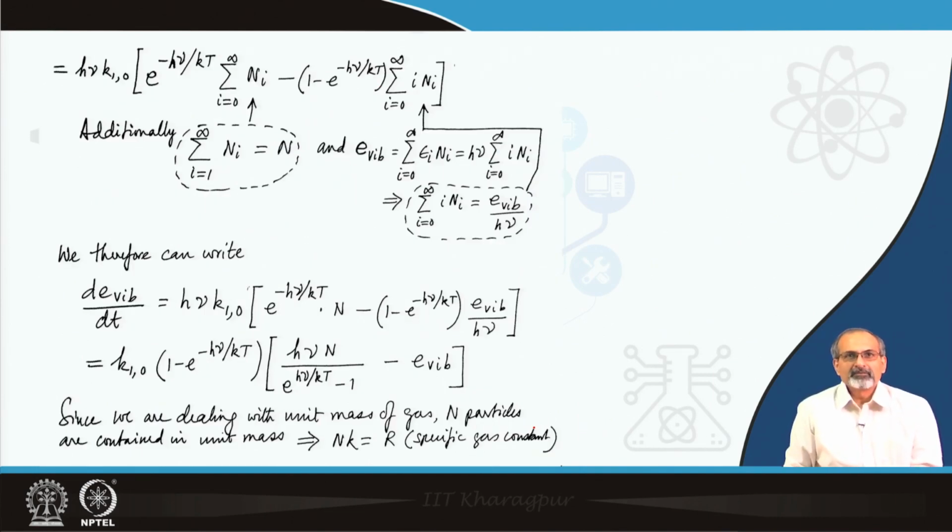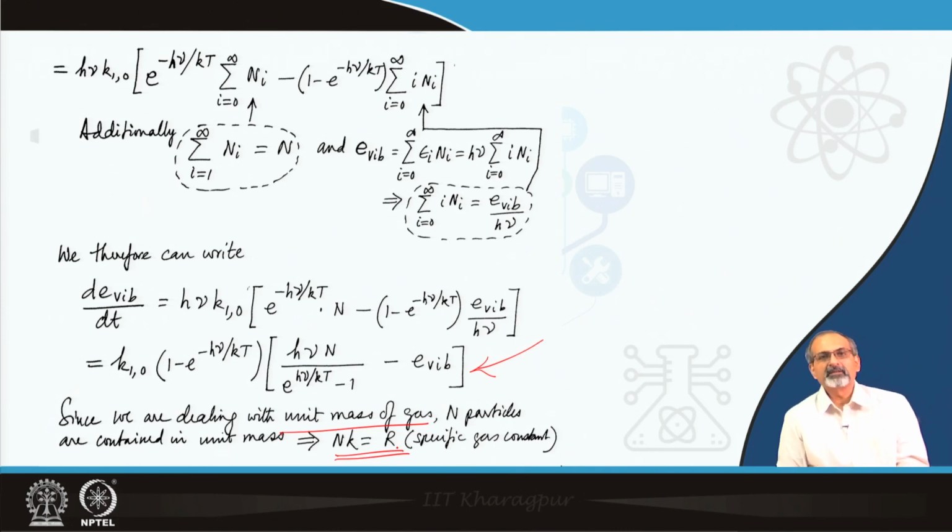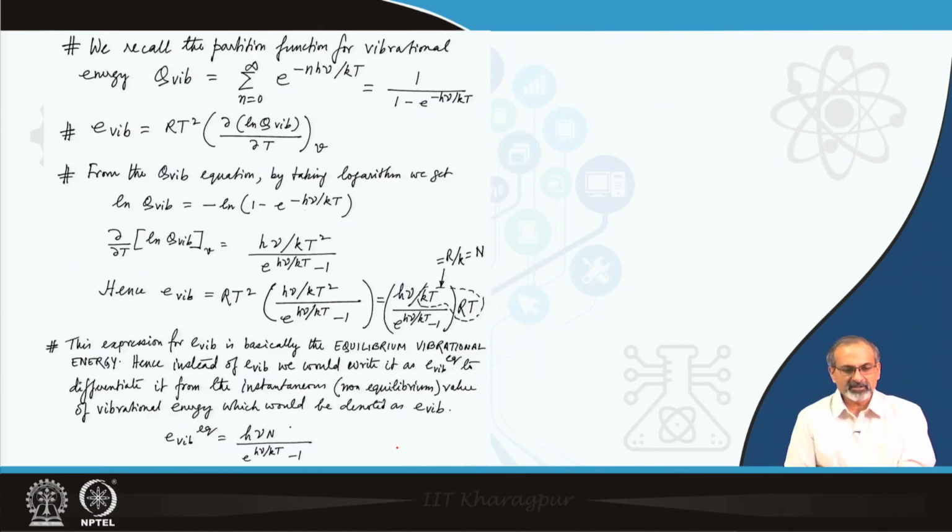We proceed with this discussion and we come up with an expression like this for the time rate of change of vibrational energy. Since we are dealing with unit mass of the gas, therefore, n particles are contained in unit mass, and therefore, if you multiply it with the Boltzmann constant, you should be able to get the specific gas constant.